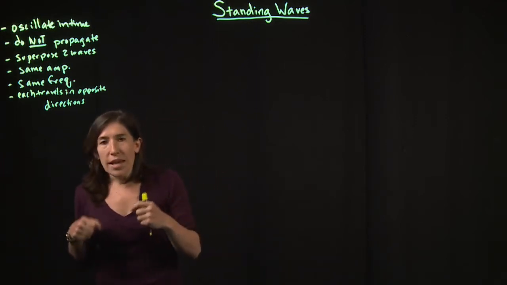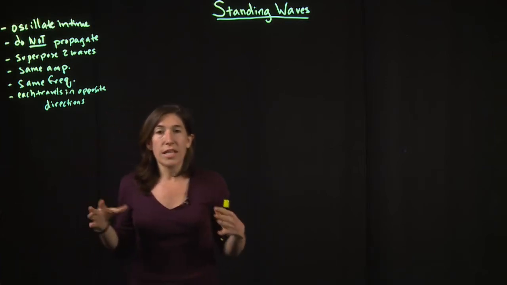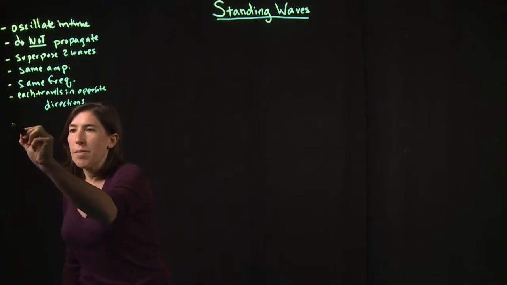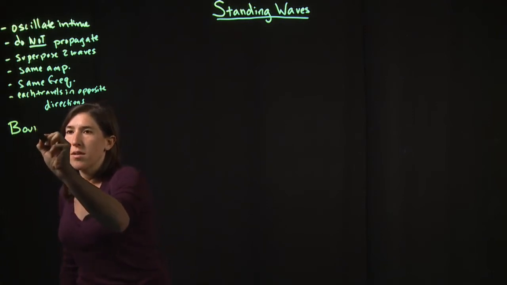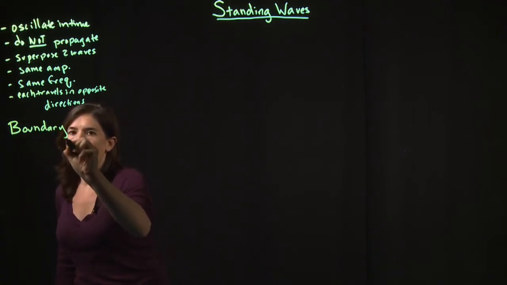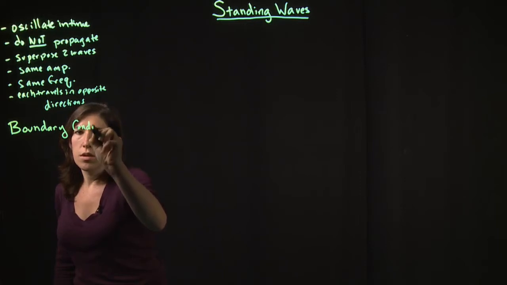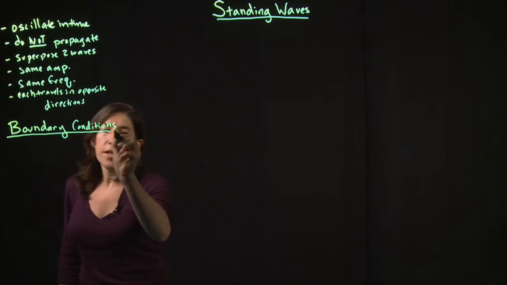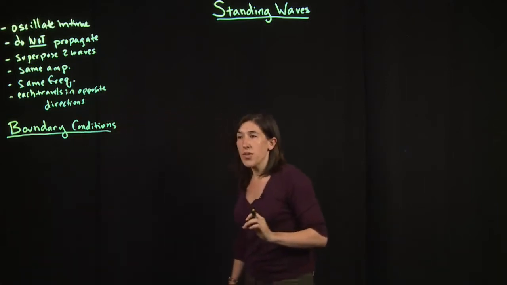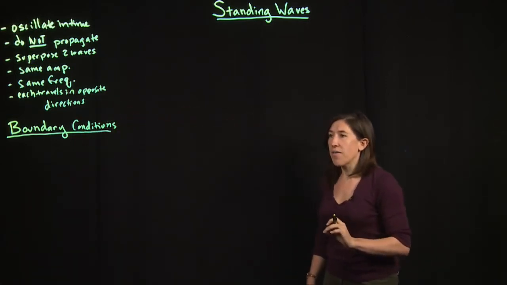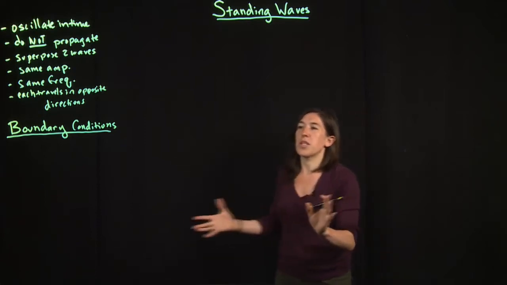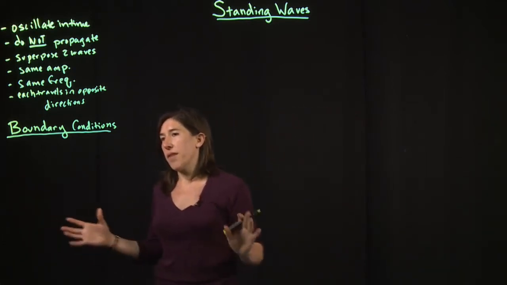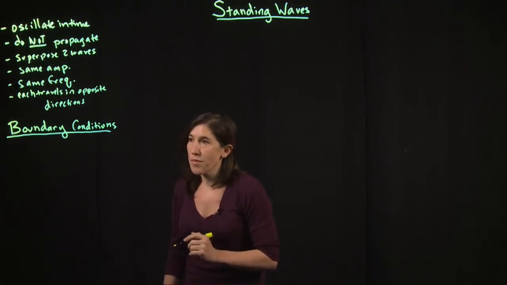So the name of the game here, in order to solve for the different allowed wavelengths or frequencies, is really enforcing boundary conditions. And enforcing the particular boundary conditions that we have is going to be enough to solve for the different frequencies and wavelengths that are allowed in the various circumstances.